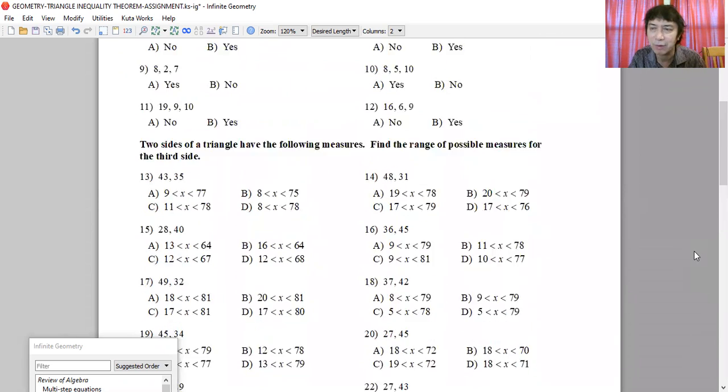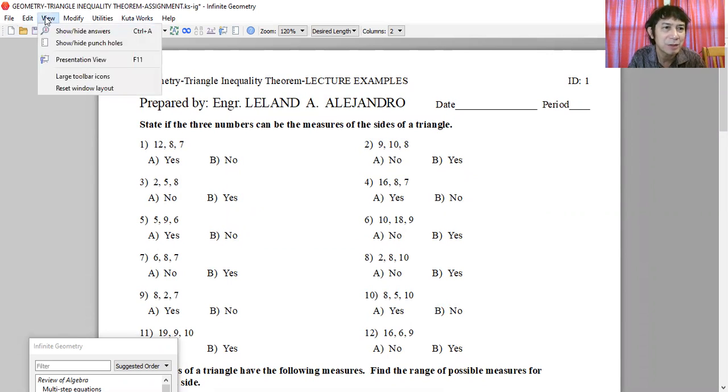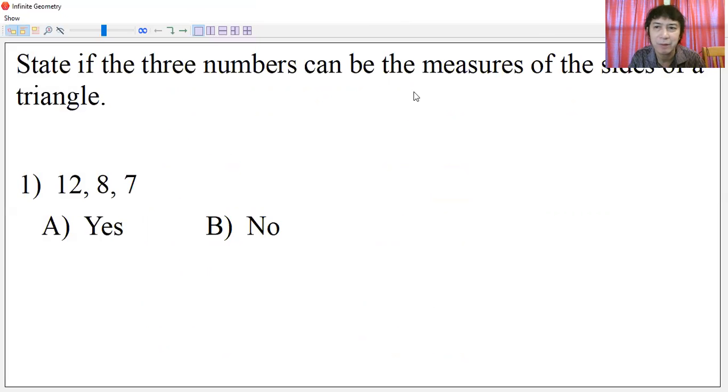All right, so this is more on practice. Let us try to see each number using the presentation view. Okay, here's the first one. State if the three numbers can be the measures of the sides of a triangle.